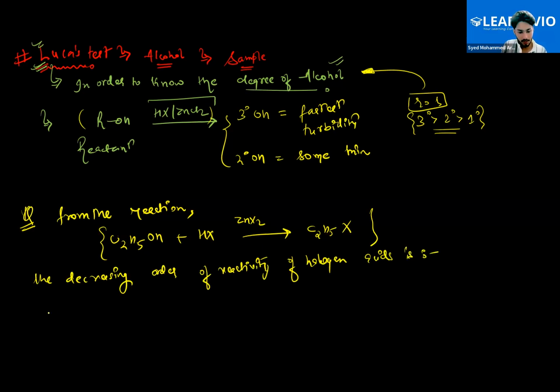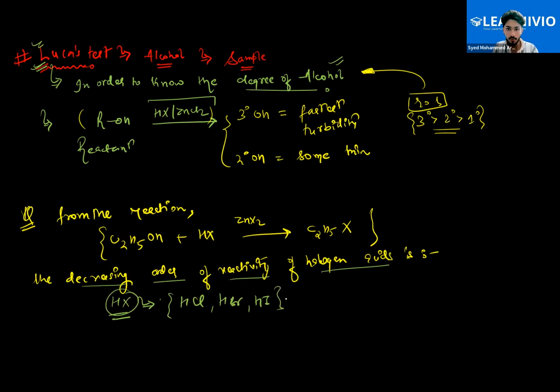Okay. So this question is on the basis of the reactivity order of the halogen acid. I have the halogen acid as HX, so HX will be HCl or HBr or HI.